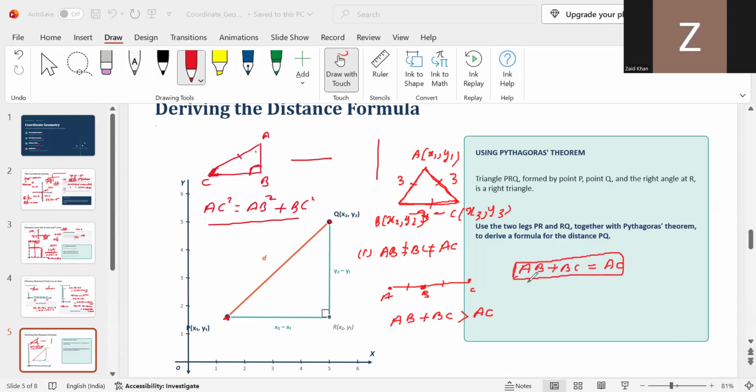This is the collinearity condition. If the sum of two sides is greater than the third side, obviously it will be a triangle, and a triangle will not be accepted in case of collinearity.